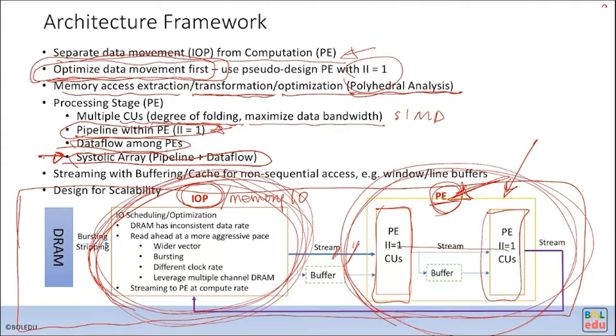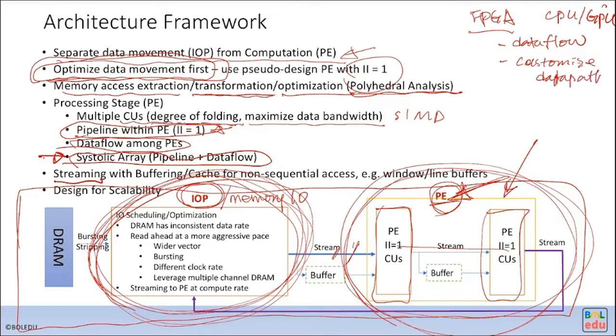During this process, the goal really is streaming data. Remember, the most important reason that FPGA outperforms CPU and GPU is the data flow. You can customize your data path and apply the data flow. Why is it so effective?